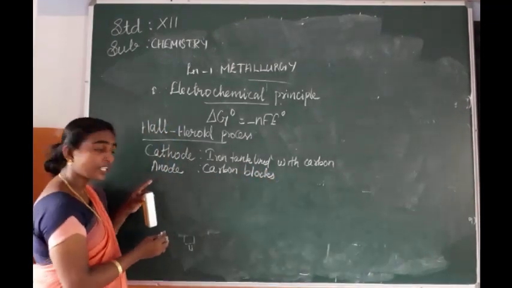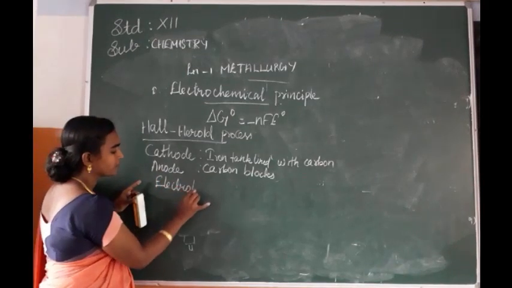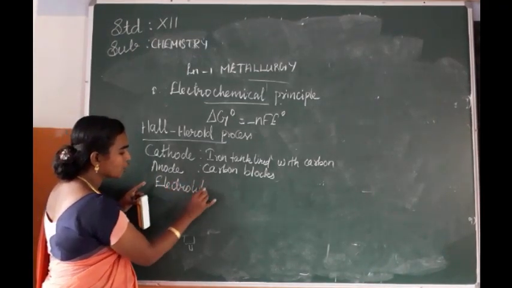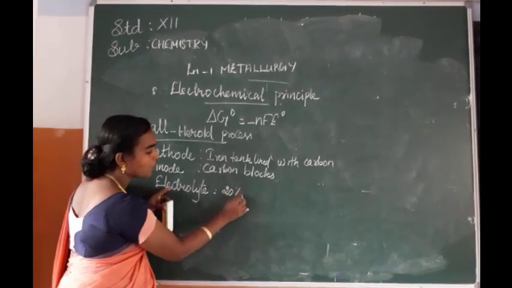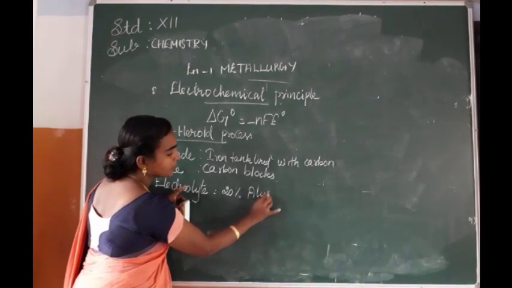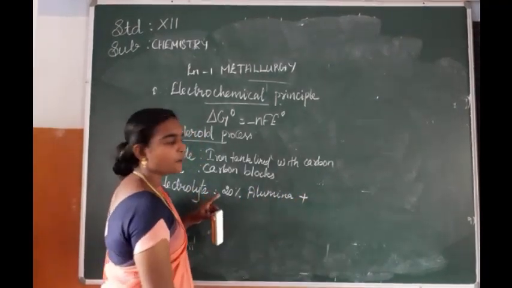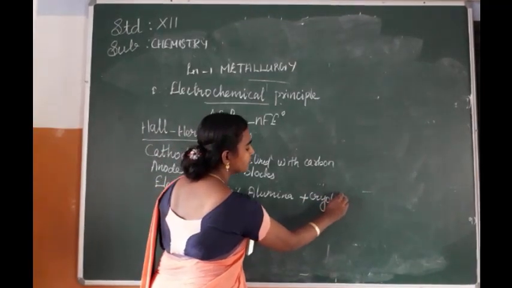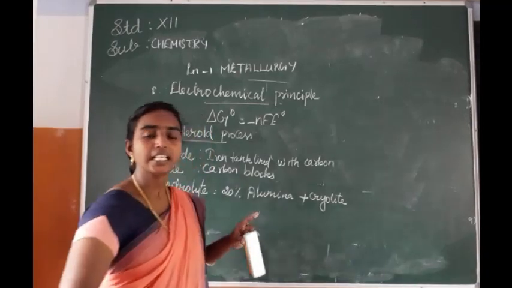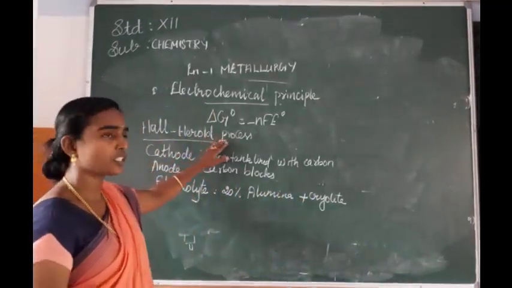Then what do we have to take? Electrolyte. The electrolyte should be 20% alumina, and some molten cryolite is also added. Have you understood these three terms? So we have taken these for the Hall-Héroult process.